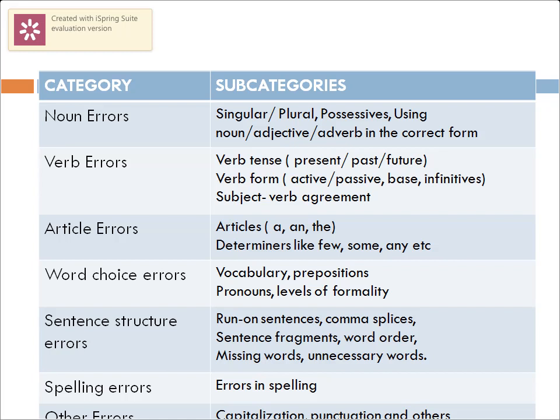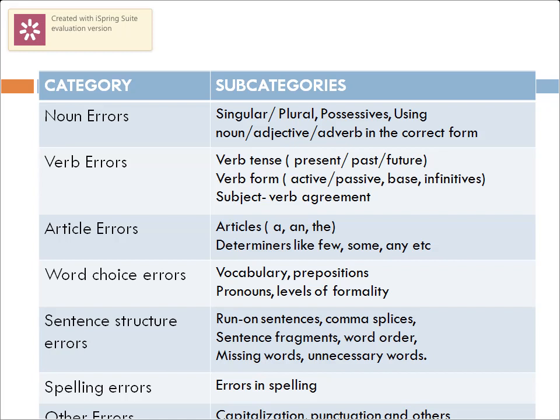It can be related to usage of prepositions or misuse of pronouns or vocabulary. Now, another class is the sentence structure errors, where students may write run-on sentences or use sentence fragments in their construction. They may be using some unnecessary words, or words may be missing from the sentence, or there may be an incorrect word order.